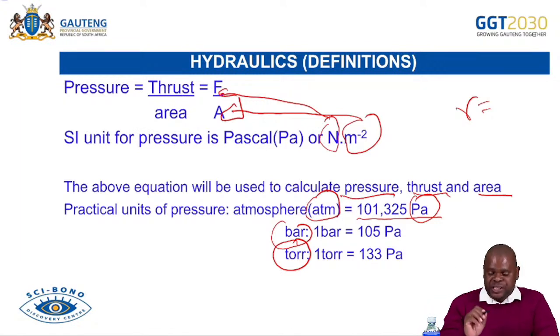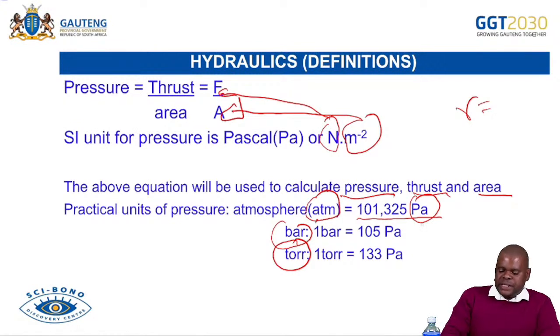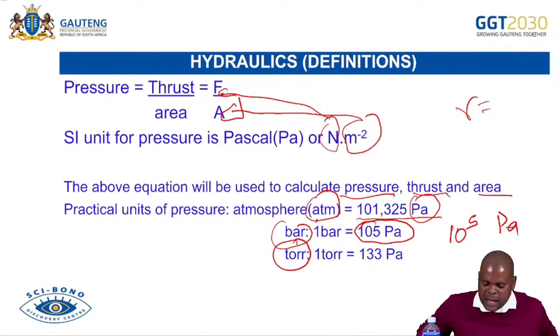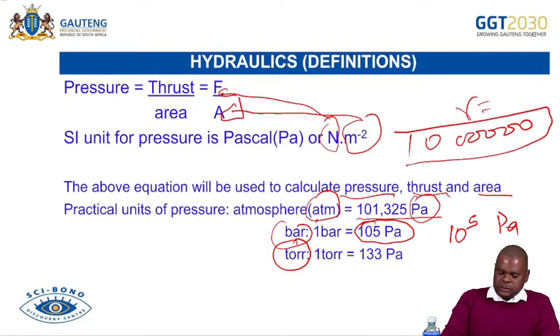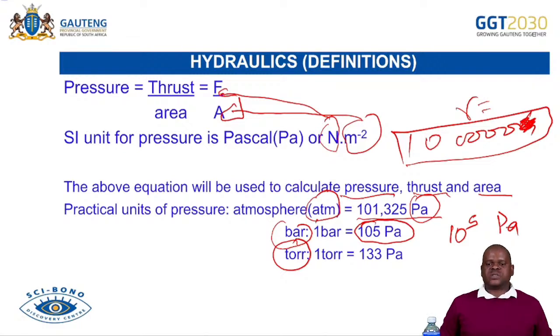When we're doing those conversions, we'll be looking at 1 ATM is equal to 101,325 Pascal. And then 1 bar is equal to 10 to the exponent 5 Pascal, which is the same as 100,000 Pascal.